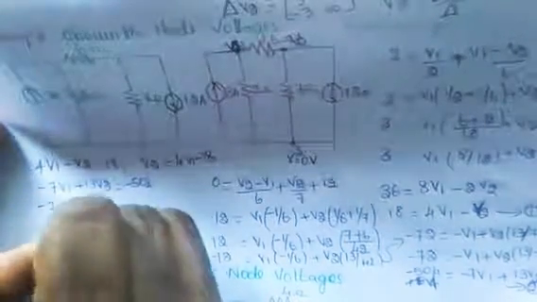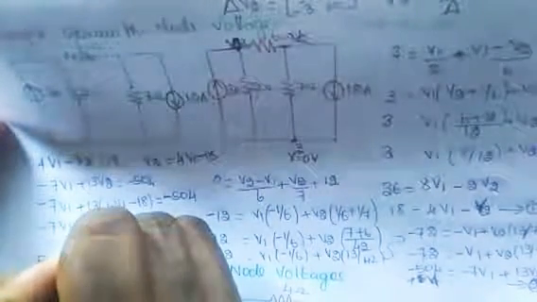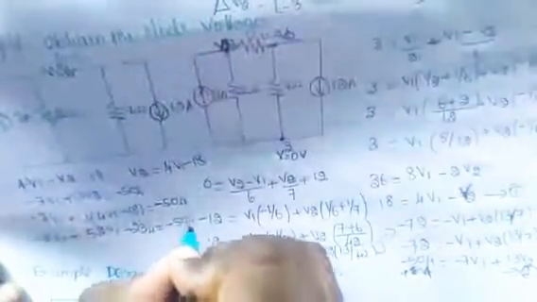When I am substituting V2 is equal to 4V1 minus 18 here, I will be getting minus 7V1 plus 13 into (4V1 minus 18) is equal to minus 504. So minus 7V1 plus 52V1 minus 13 into 18, 234, which is equal to minus 504.